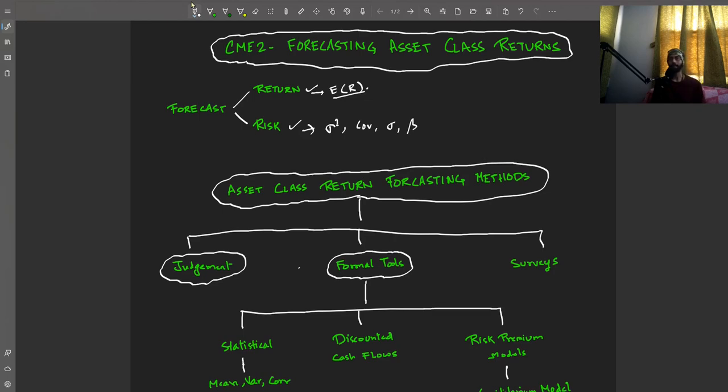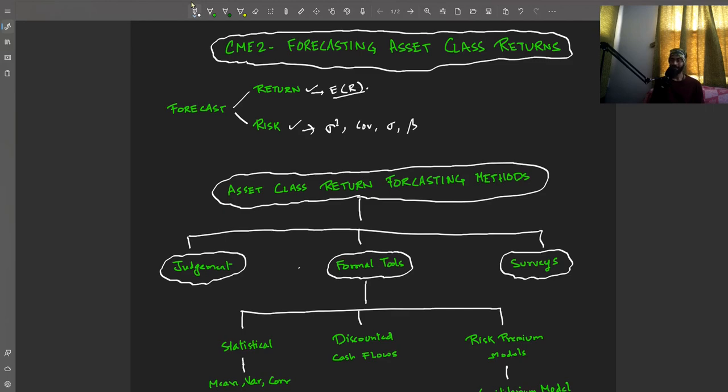Then comes surveys. Now surveys are basically asking questions to the participants in a market, or the high stake participants in the markets, what they think about the markets. And based on those opinions, trying to create a consensus, and based on that consensus, trying to predict what the market holds in the future, right?